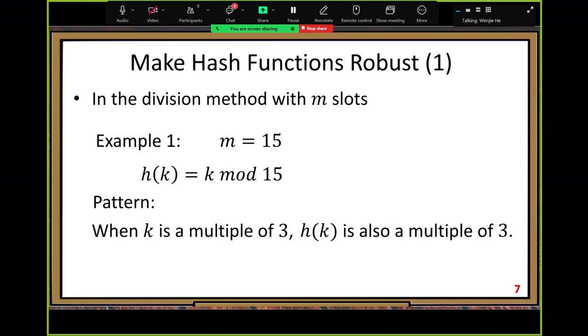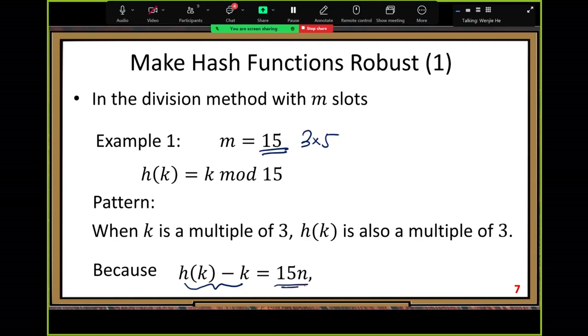Because we know 15 is a multiple of 3, 3 times 5. So when you do the division by 15 and keep the remainder, that remainder is also a multiple of 3. The difference between the hash function value and the original key value must be a multiple of 15, the divisor, times some quotient, which we throw away.